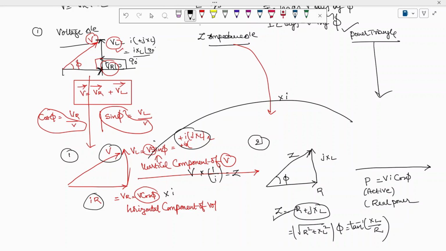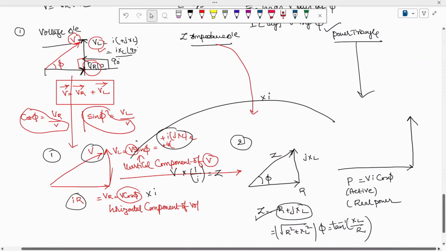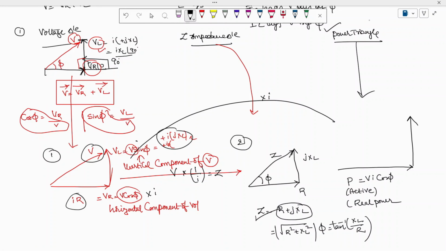Okay, and this vertical component V sin phi is once again multiplied with current, so voltage into current. Therefore we are going to get VI sin phi, which is called reactive power, where Q is reactive power. Okay, and the vector addition of these two is called S, where S is called apparent power. This is very very important to understand. This is called apparent power.